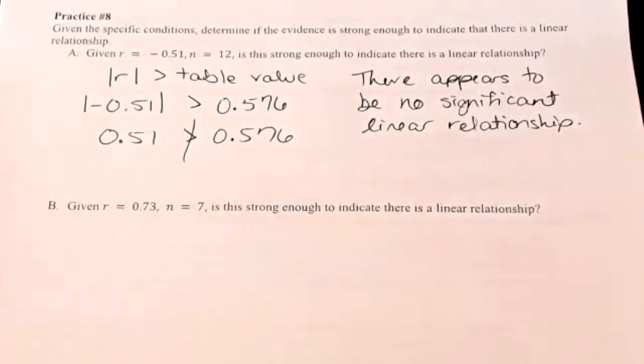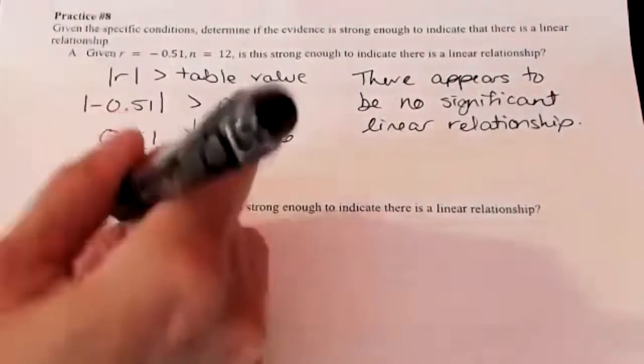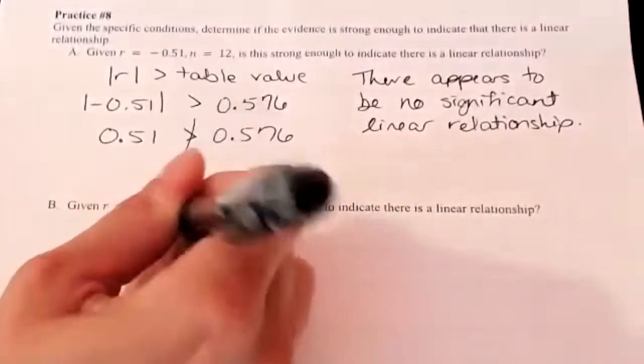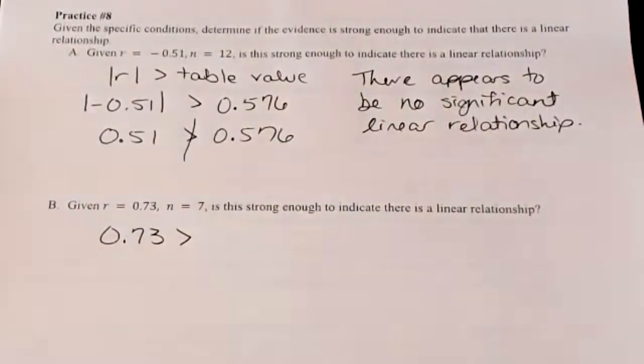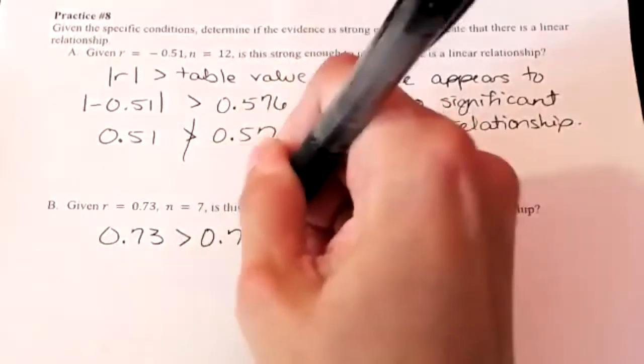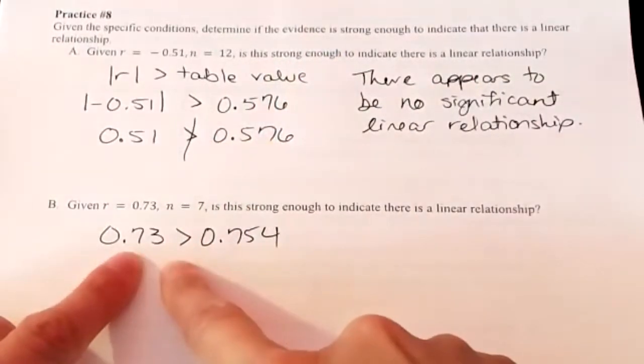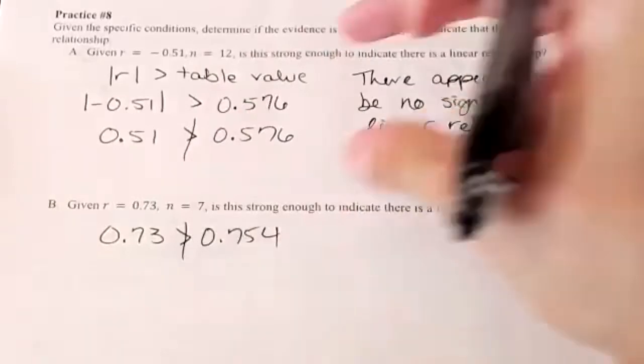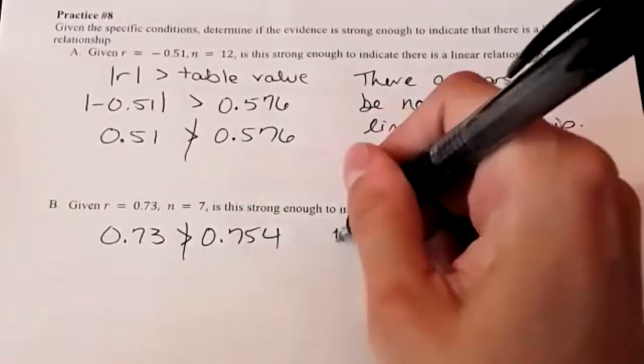We have an R value of 0.73. We want to determine if that's greater than the table value when N is 7. Sam, what is the table value when N is 7? It's 0.754. Perfect. Notice that this is not a true statement, so you can literally duplicate exactly what we said.